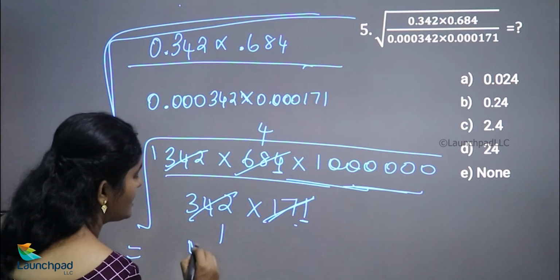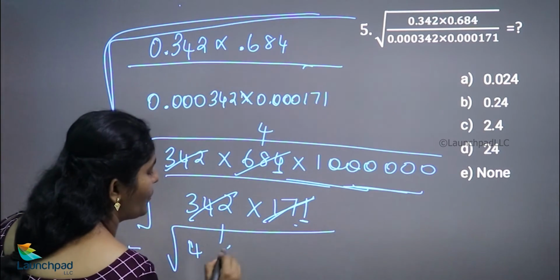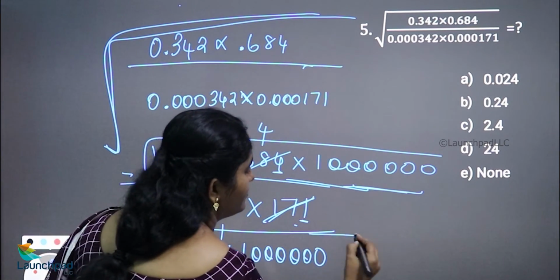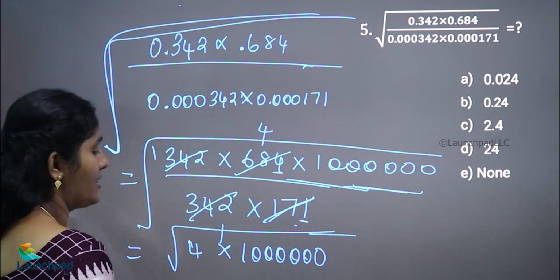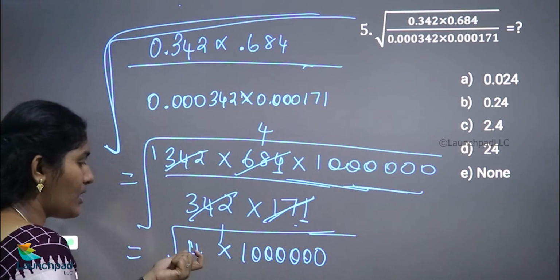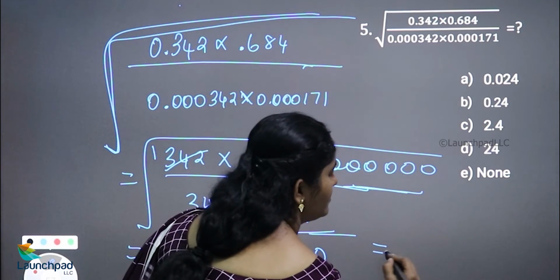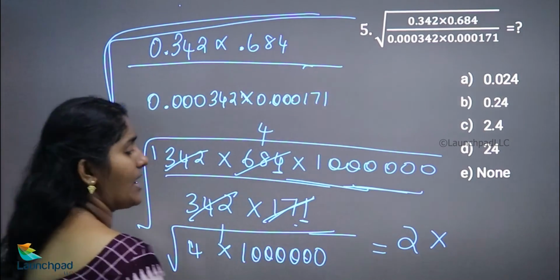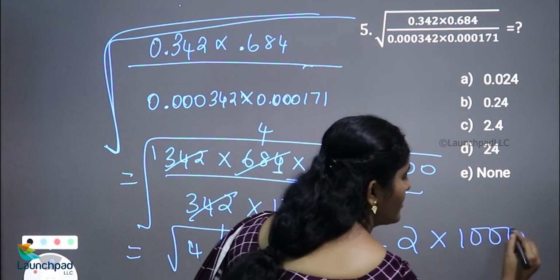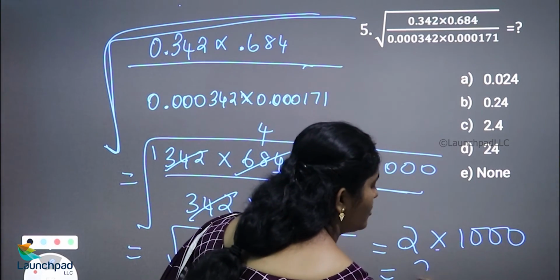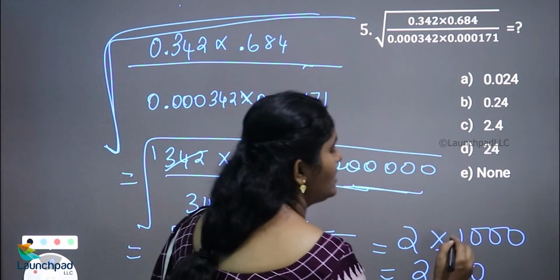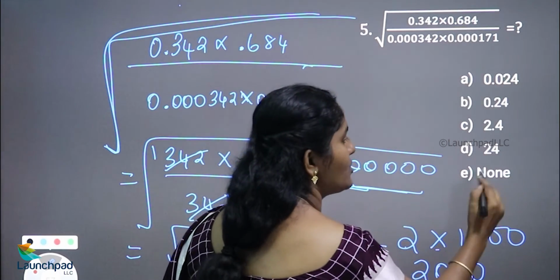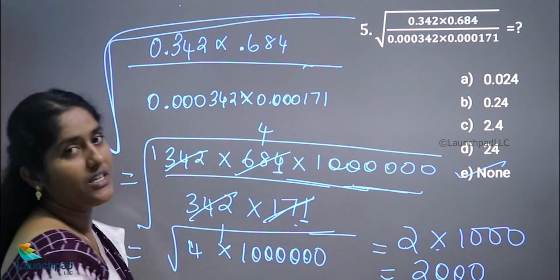Now your answer is square root of 4 into 10 lakh. Taking the square root, what is the square root of 4? 2. And what is the square root of 10 lakh? That is 1000. So 2 into 1000, 2000. Your answer is 2000. But this correct answer is not available in your options. So the answer is none of these.